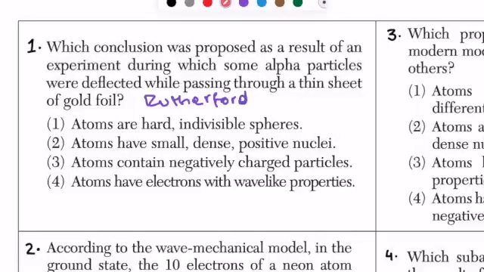Particles were able to go straight through, and Rutherford was able to record them on the other side of the sheet. So the conclusion here was that atoms have a small, dense, positive nucleus. That was one part of Rutherford's experiment and his conclusion. And the second part was that the atom is mostly empty space. So remember the ESPN. This was Rutherford's conclusion. So that means the atom is mostly empty space and it has a positive nucleus.